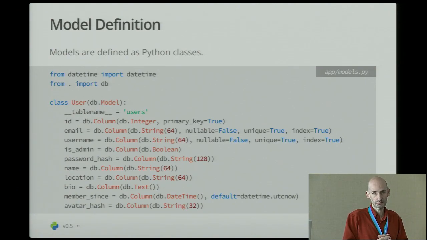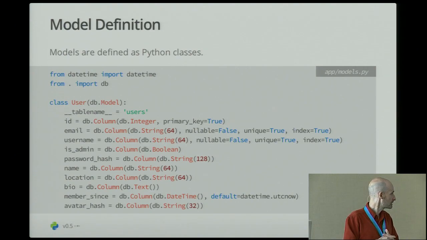I prefer to know what name the tables are, because if I need to go look at the database, I want to find names that I know. The default is non-intuitive. It will take the class name and lowercase it, so it will be user in singular. And typically for relational databases, your tables are named in plural. So I just put the name.